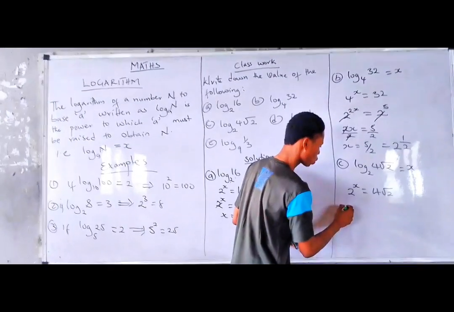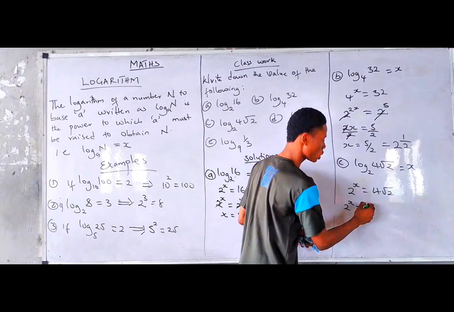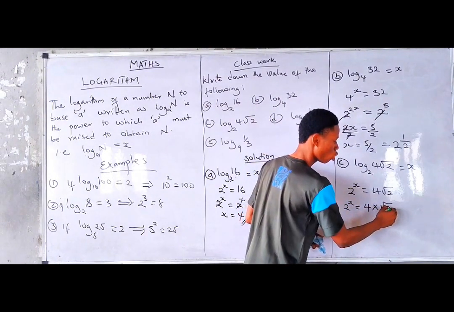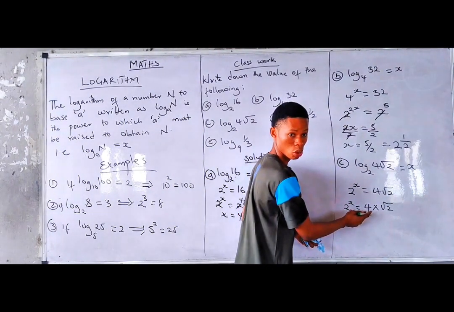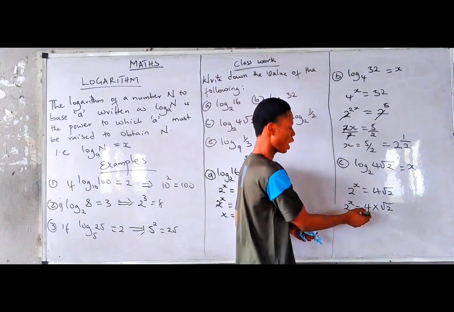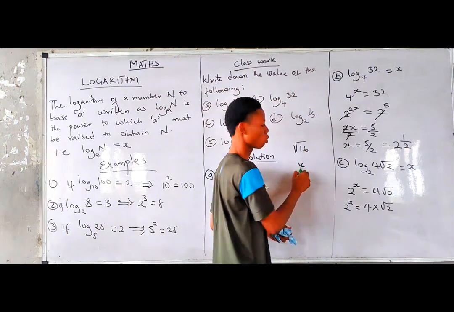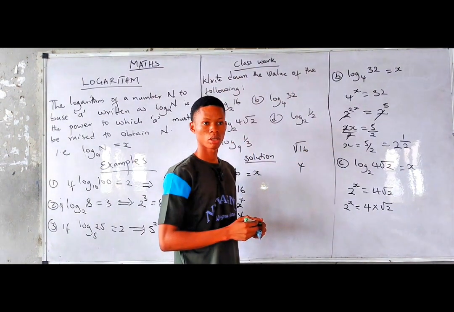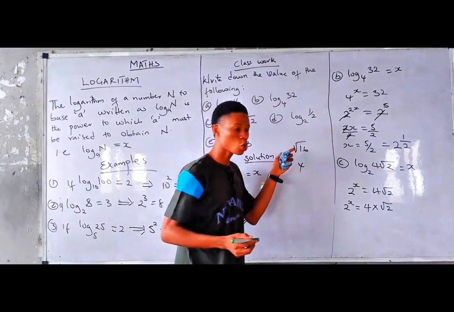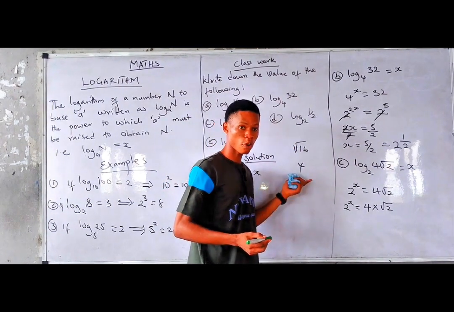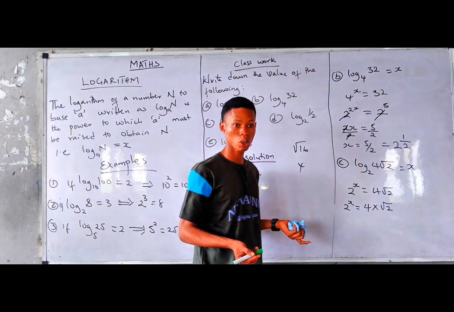And this is the same thing as 2 raised to power x equal to 4 times root 2. Hope you know. Is it not? 4 times root 2. And what is the difference between root 16 and 4? They are the same thing, right? Because root 16 is still 4. 4 is still 4. Is it not?